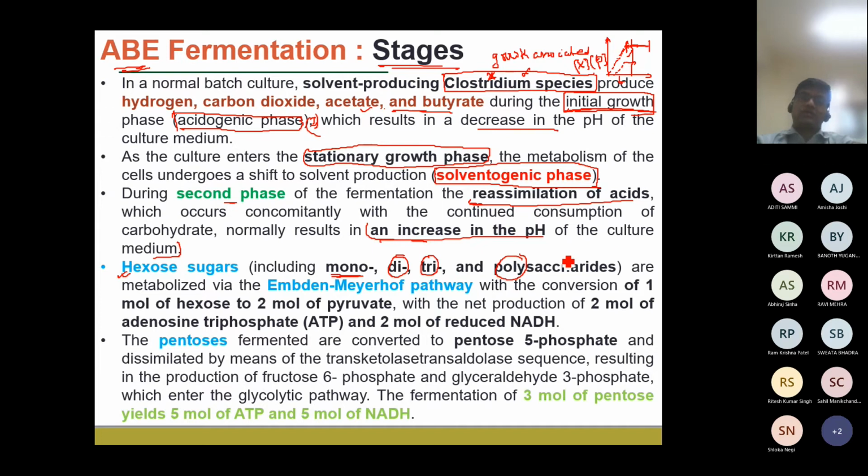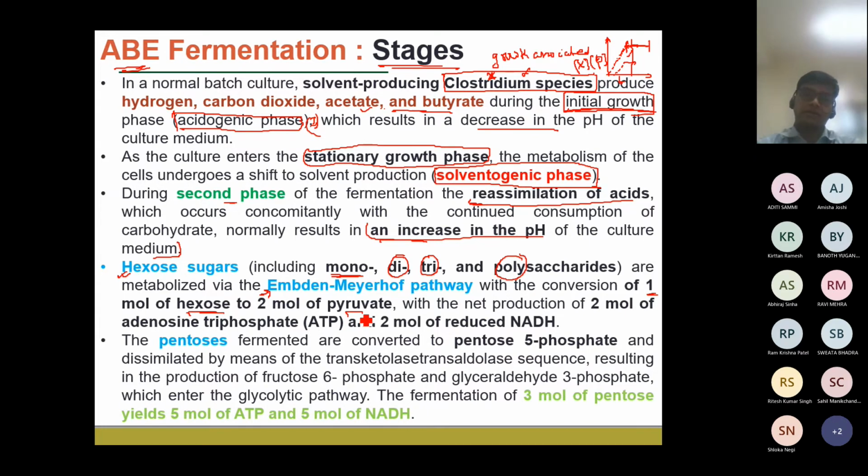This is because Clostridium species can produce enzymes which can break the tri- and polysaccharides into monosaccharide units. They are generally metabolized with the Embden-Meyerhof-Parnas pathway. We will look into the overall biochemical pathway, but briefly, 1 mole of hexose, which is glucose or a sugar derivative, is converted to 2 moles of pyruvate.